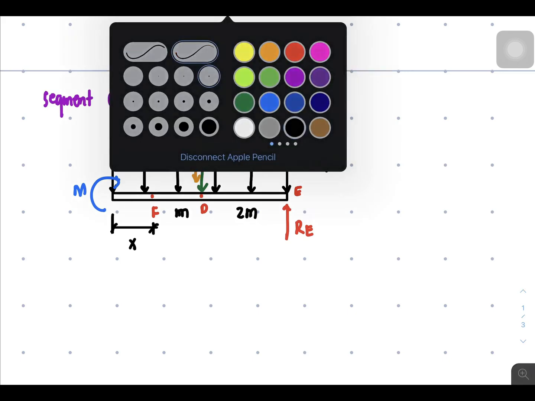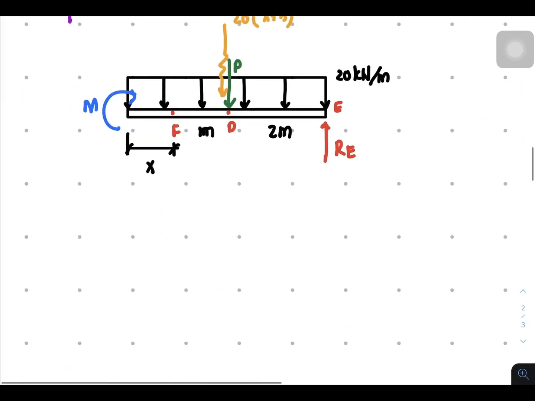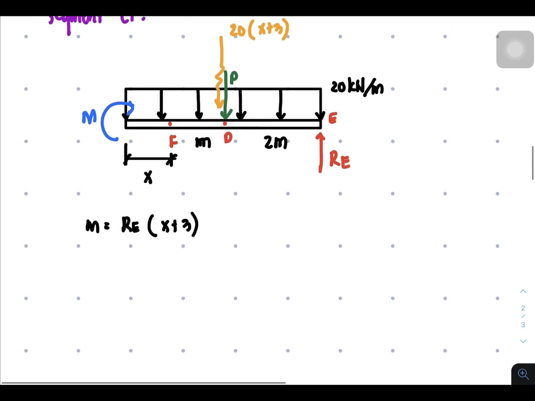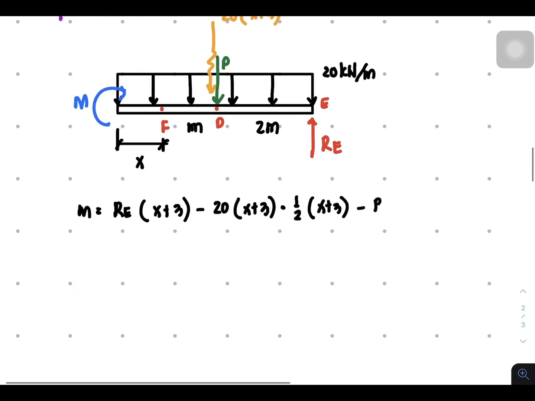So with that, get now the moment equation. So M equal to RE times x plus 3 minus 20 times x plus 3 times 1/2 of x plus 3 minus P times x plus 1.